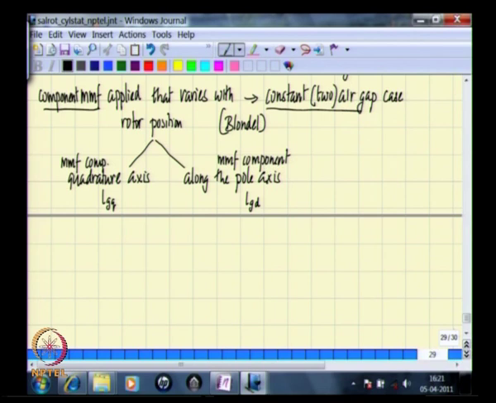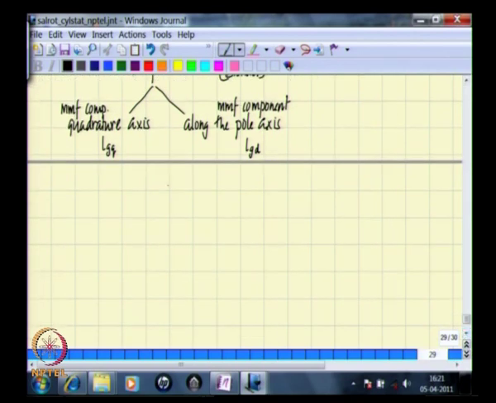So, now the machine is visualized as a machine with two uniform air gaps.